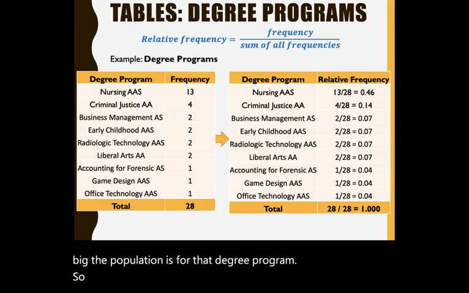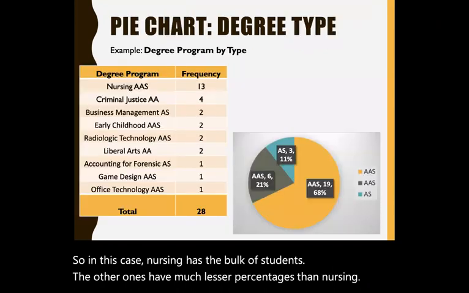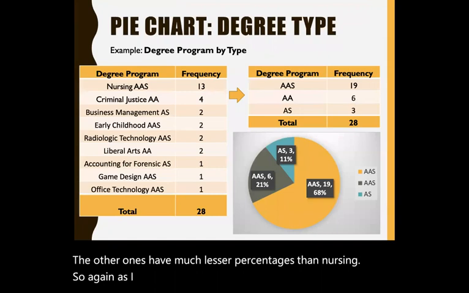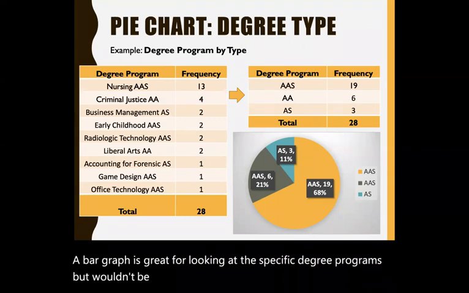So in this case, nursing has the bulk of students. The other ones have much lesser percentages than nursing. So again, as I said, a bar graph is great for looking at the specific degree programs, but wouldn't be really useful for a pie chart.